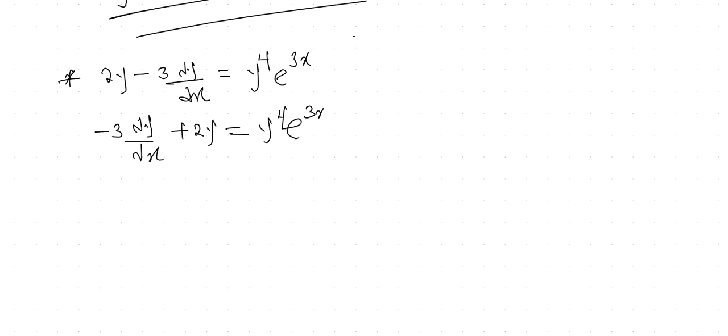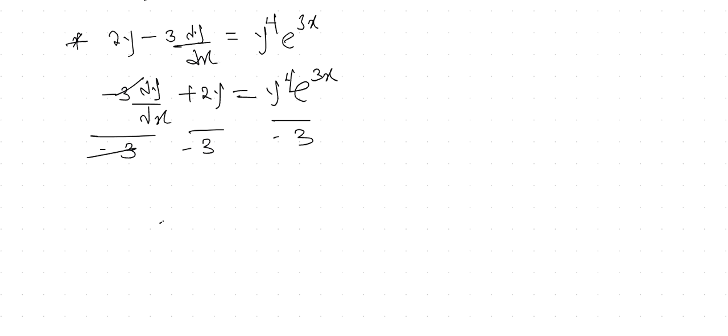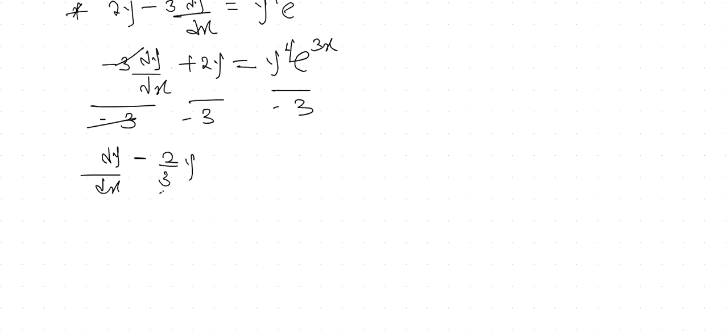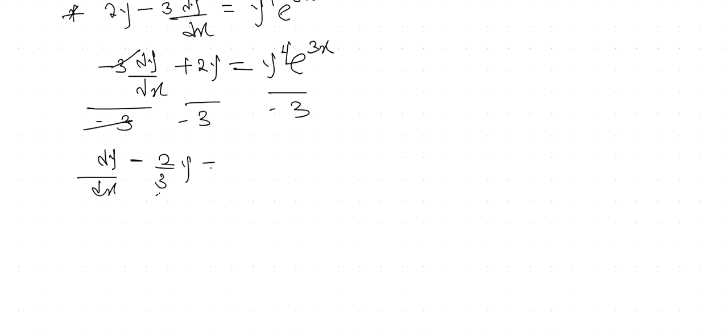Now, let's divide both sides by minus 3. Then we are going to have dy/dx minus 2 over 3 y, which is equal to minus y raised to the power of 4 e raised to the power of 3x over 3. But the next thing is to divide by y raised to the power of 4.